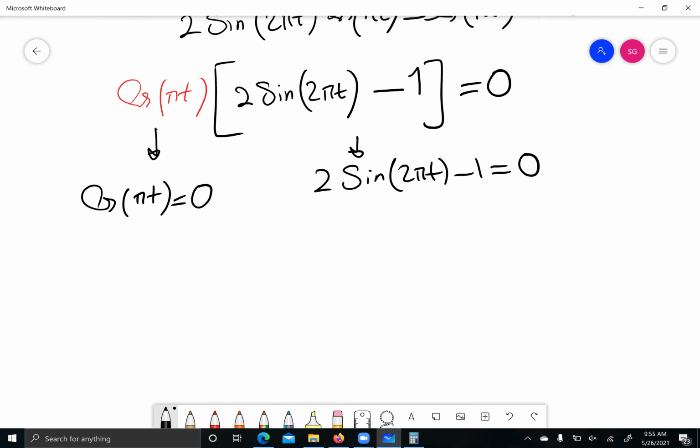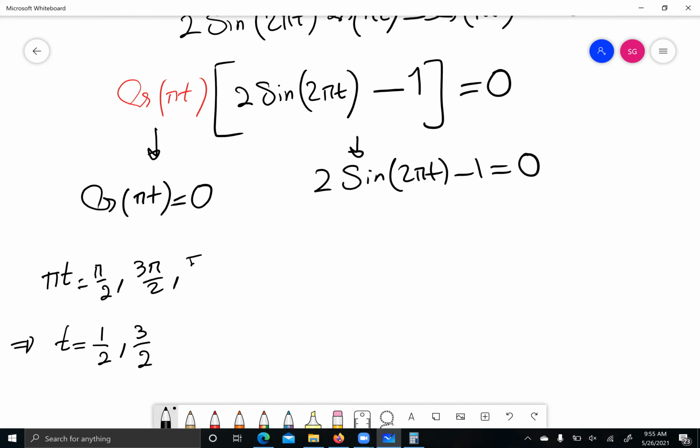If cosine is 0, that means the angle is either pi over 2, 3 pi over 2, and so on, right? So that means t, if you divide both sides by pi, is either half or 3 over 2. If you want, I can go further.